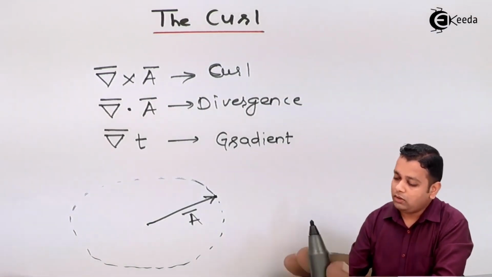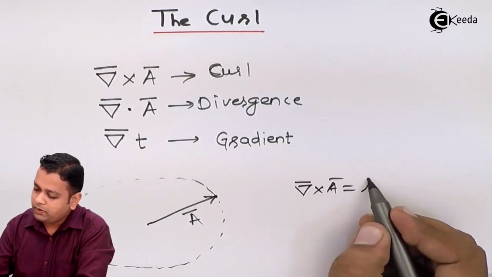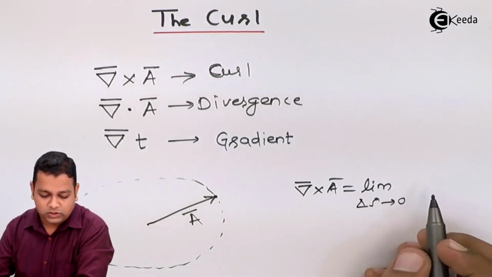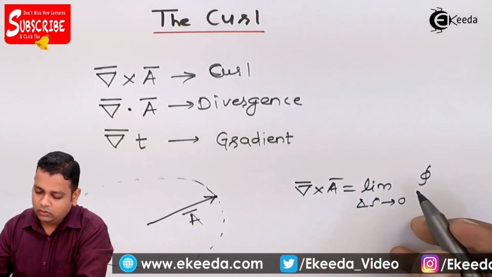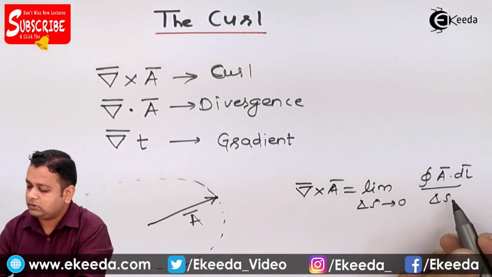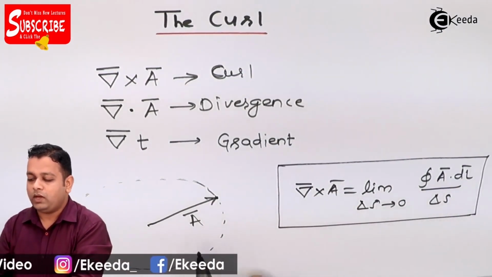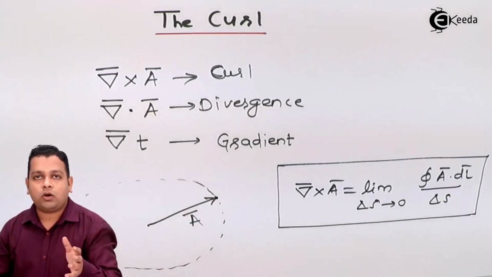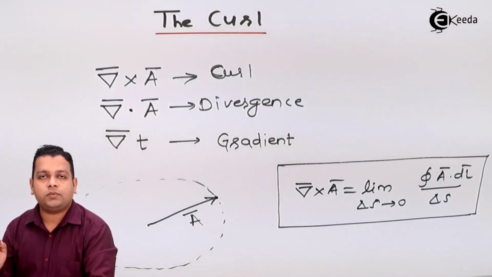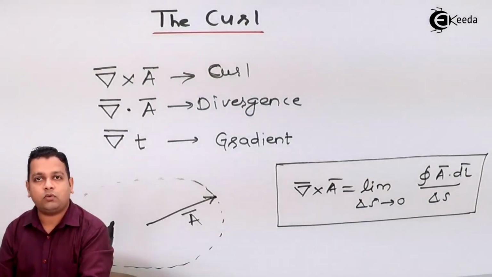Hence the curl of vector A can be written as del bar cross A bar, in terms of the limit as it traces the area, delta S, the differential surface area, tends to 0, given by the closed line integral of A bar dot dl bar upon delta S. So it is actually the rotation of a vector with respect to the surface area, whereas divergence was expansion or contraction of the volume and the gradient was the maximum rate of change of any scalar quantity with respect to space. Now we need to see the curl formula in terms of the rectangular coordinate system.